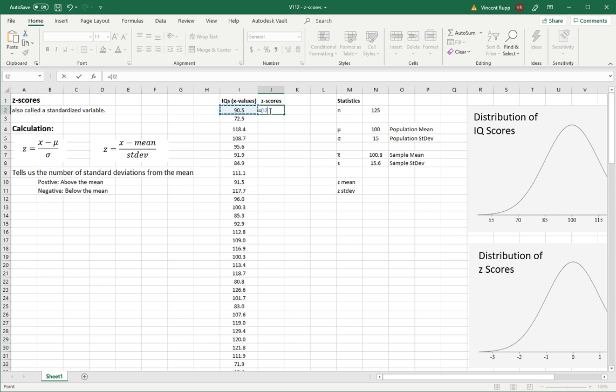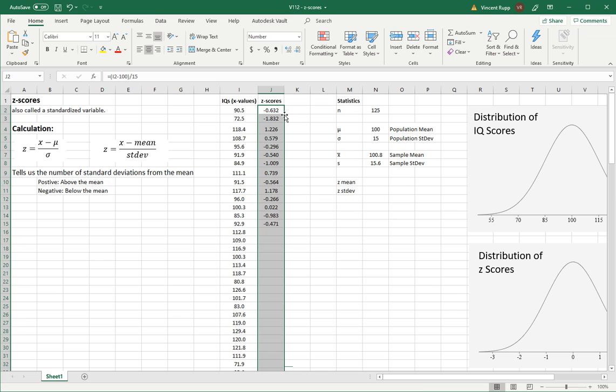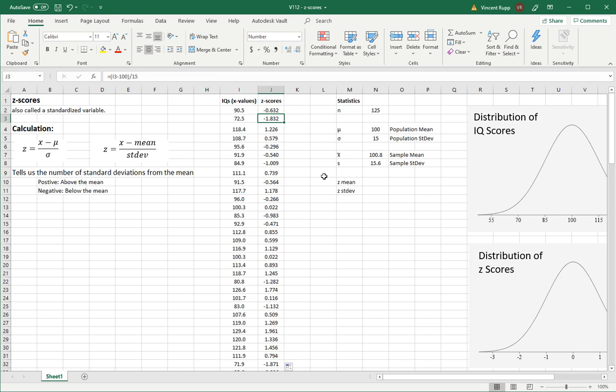In this case, I think it makes more sense to subtract the population mean because I know what that is, so it's a better number to use, and then I'll divide by the standard deviation. So I just did I2, which is this first number here, minus 100, all of that in parentheses, divided by 15. I get a z-score of negative 0.632. And then if I copy this formula down, this one's negative 1.8, 1.226, 0.579, and so on.